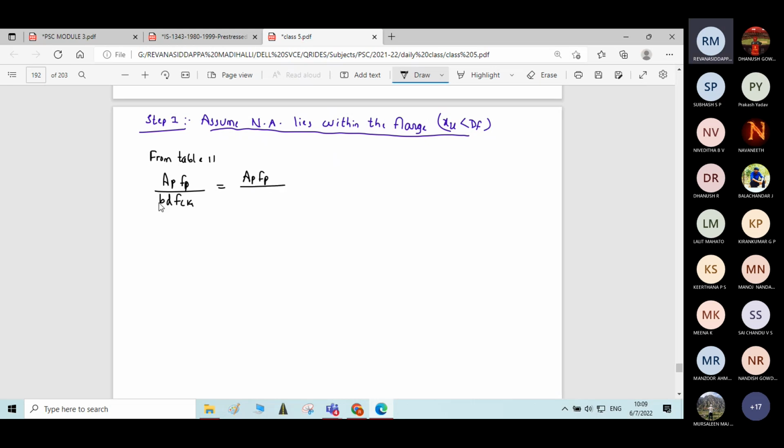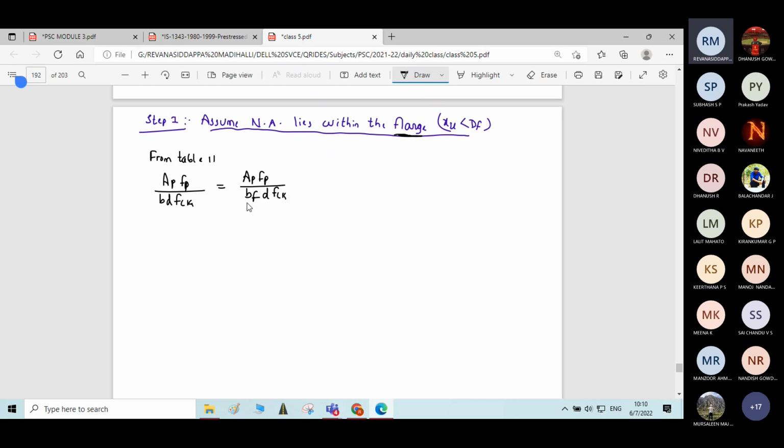Here B is there, and you will have confusion whether to substitute width of flange or width of web. See, you have assumed that depth of neutral axis lies within the flange. As you assumed depth of neutral axis lies within the flange, here you need to substitute width of flange only. Width of flange only. AP FP divided by BF into D into FCK.